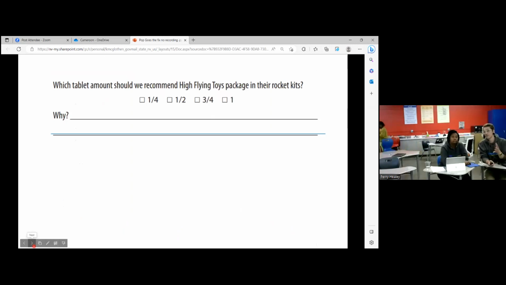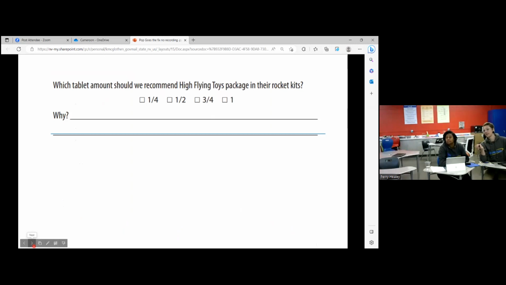Now that they have graphed the information, they can see the results. They have averages in front of them also. We go back to that original question. Say, which tablet amount should we recommend high-flying toys package in their rocket kit? They check the one that they think, and then give a written answer on why they think that.